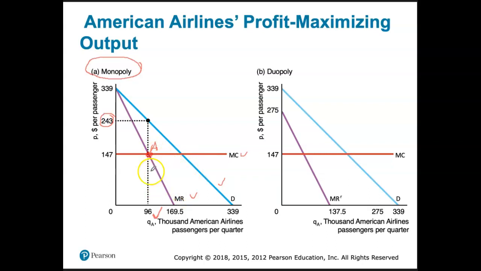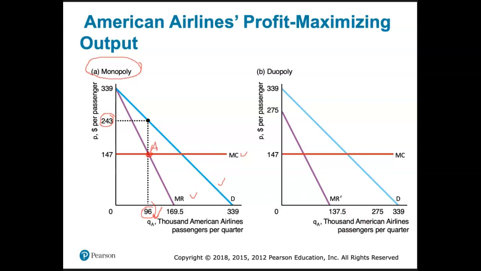That is the point where it's going to produce, so it's 96, and it's going to charge a price in relation to its demand curve, where it touches the demand curve over here, and it's going to be $243.